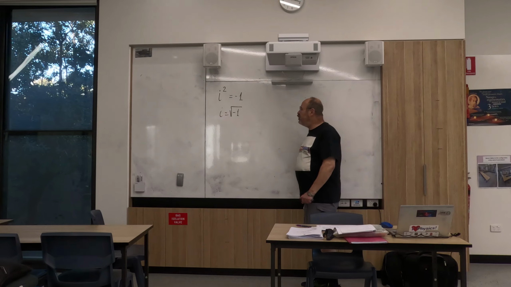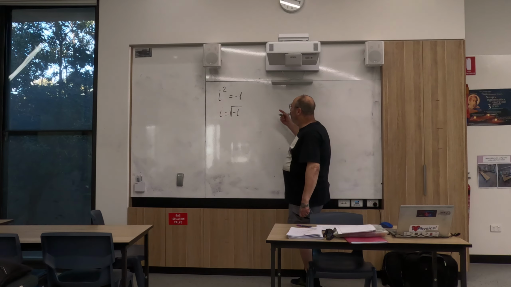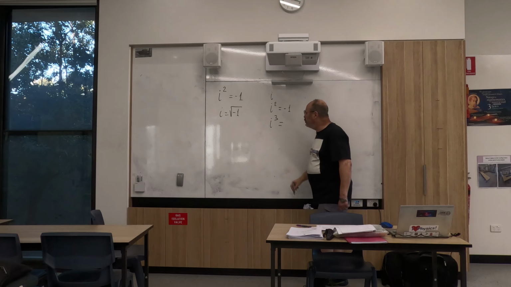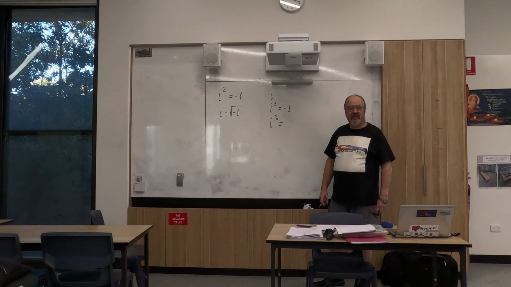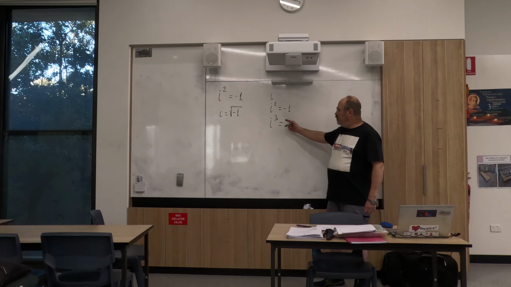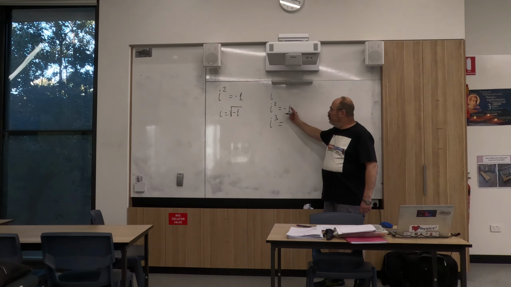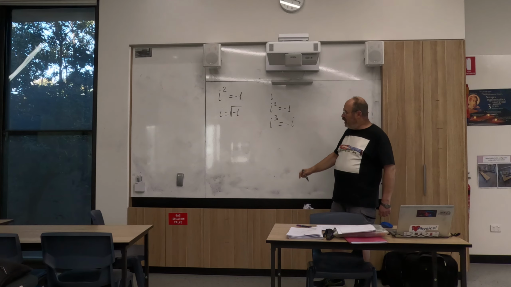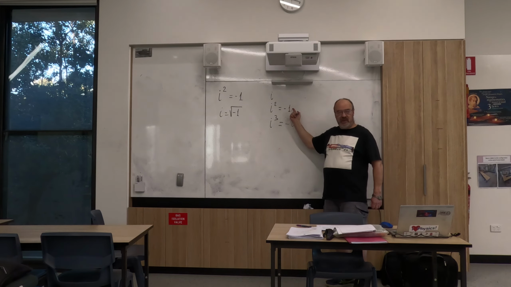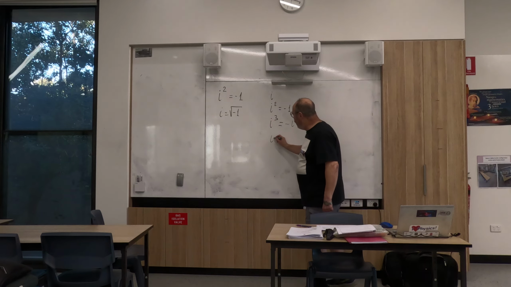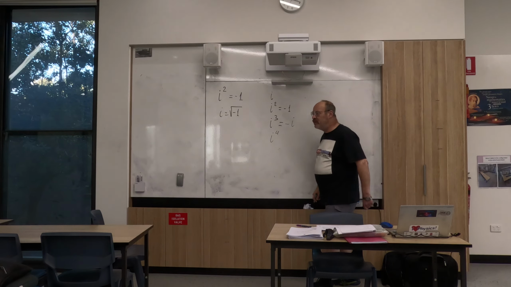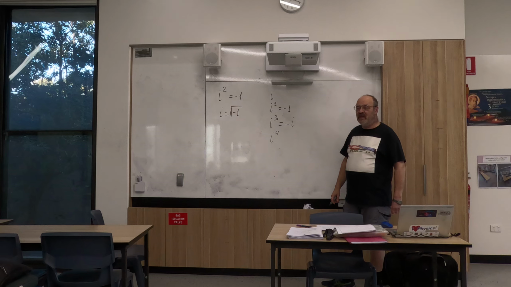First, if we know the number i, then we have i squared equals -1. What will i cubed equal? Negative i. We multiply -1 by i, we get negative i, because we multiply the result of the square by i. What will i to the power of 4 equal? 1.